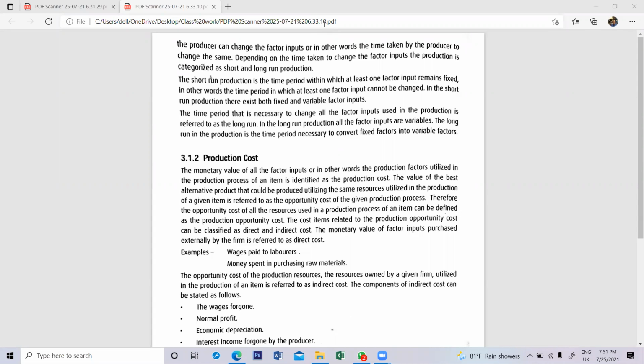Based on it, time periods are categorized as short run as well as long run. These are two periods based on factors of production that the firm uses.